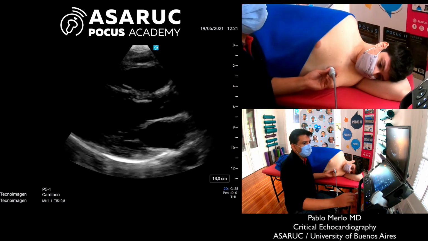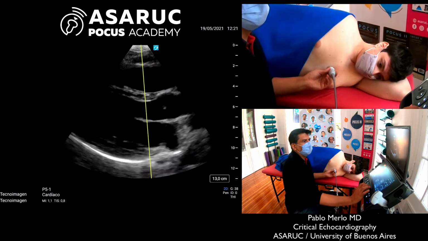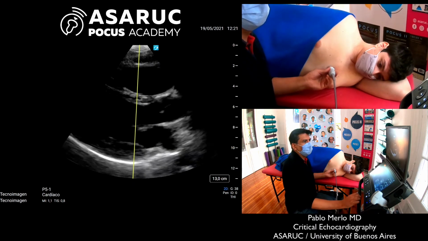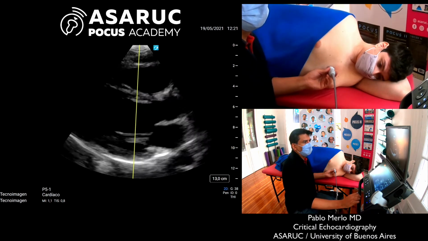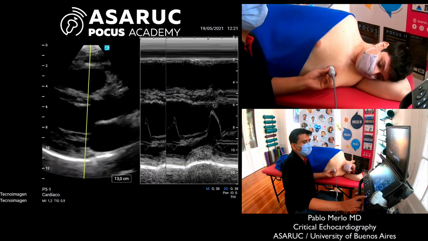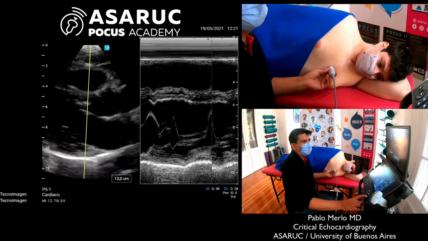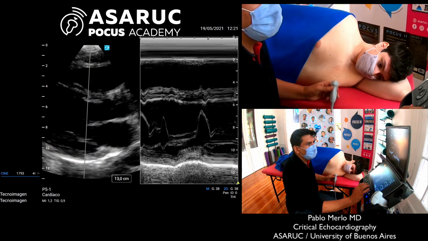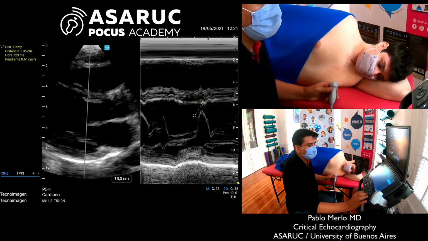We now move on to another left ventricular systolic function measurement, E-point septum distance, that is, the distance between the E-point of the anterior mitral leaflet and the interventricular septum, still on M mode and above the mitral valve. We move to level 2.